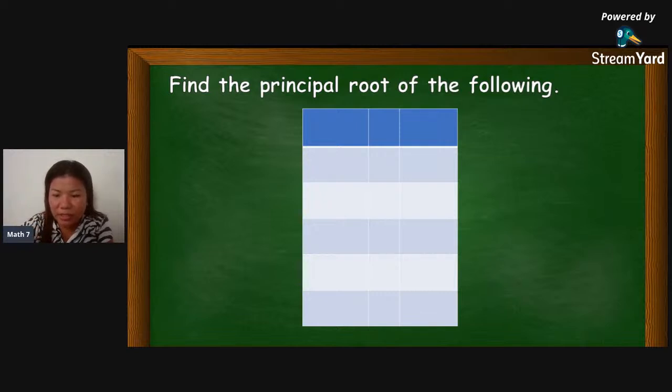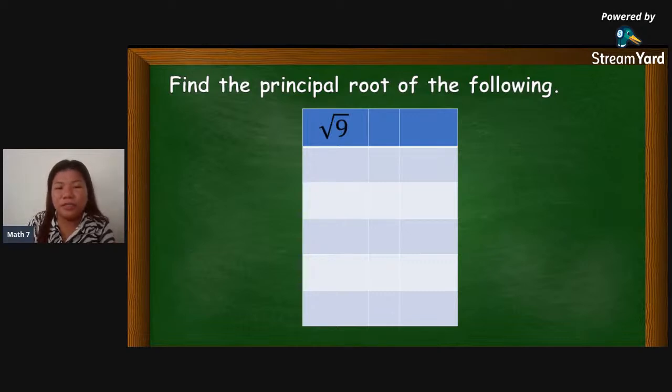The correct answer is, okay, so when you say principal root, it is the positive square root number. Okay, so baliktarin naman natin. Actually, this is the reverse of square. Okay, so principal root is always positive.